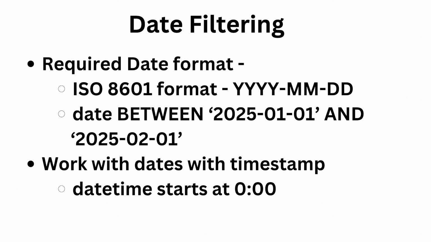Something to keep in mind is when using the between operator with dates that also include timestamp information, so not just the actual day, but also the hour, minutes, and seconds, you should pay careful attention to using the between operator, especially since we have that issue of inclusivity versus exclusivity of the not between. So you should take into account the fact that a date time, that is both the date and the actual time information, would start at 00:00 hours.